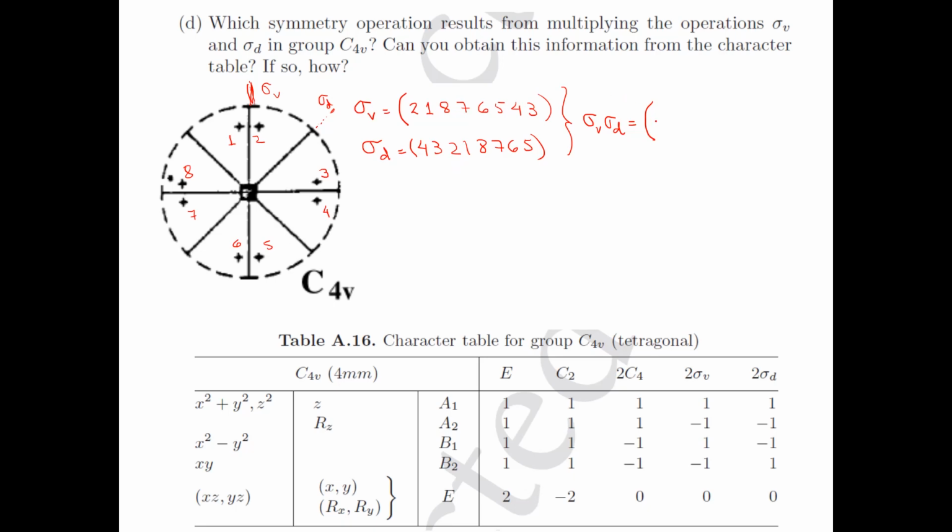So if I combine these two operations, 1 goes to 3, 2 goes to 4, 3 goes to 5, 4 goes to 6, 5 goes to 7, and so on, 8 goes to 2.